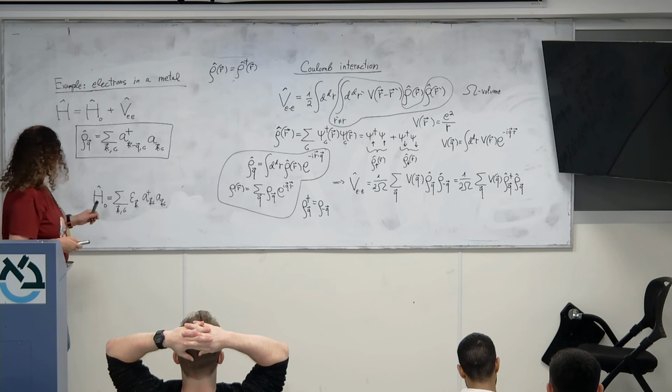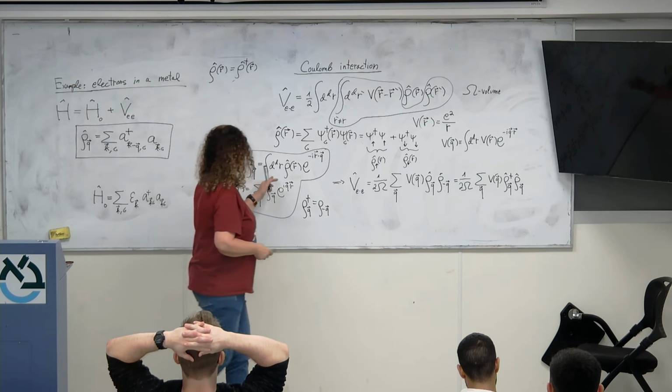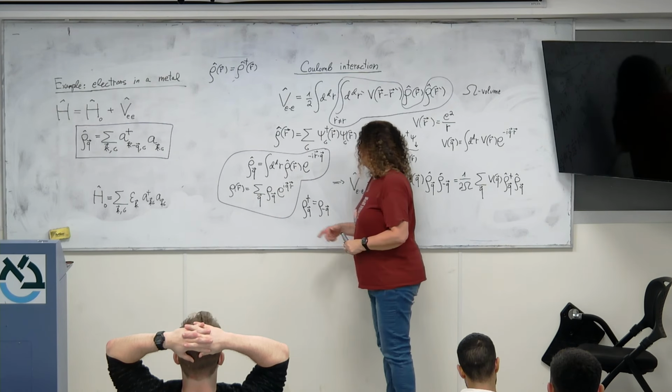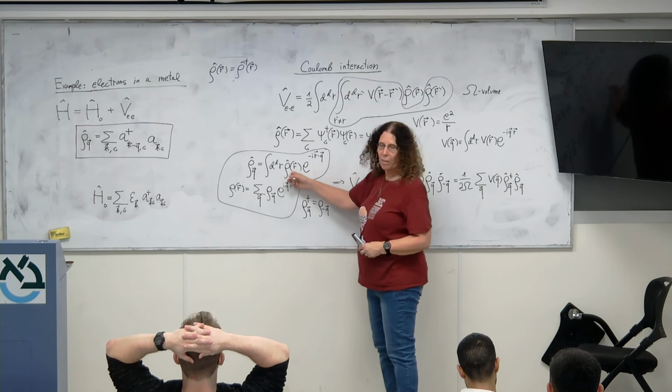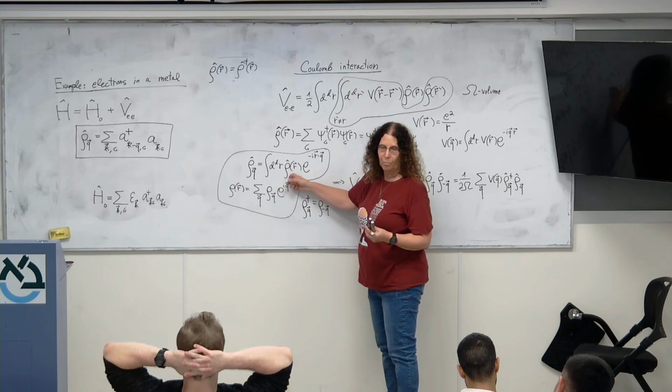And again, how you get it: it's a Fourier transform of a product, which is a convolution.